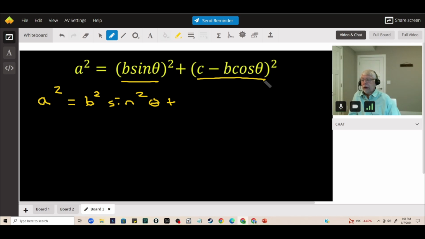Using FOIL, we come up with C squared minus 2BC cosine theta, plus, a negative times a negative is a positive, so plus B squared cosine squared theta.